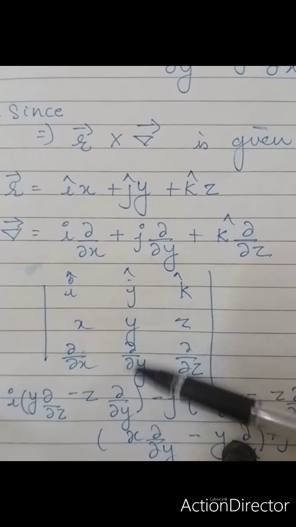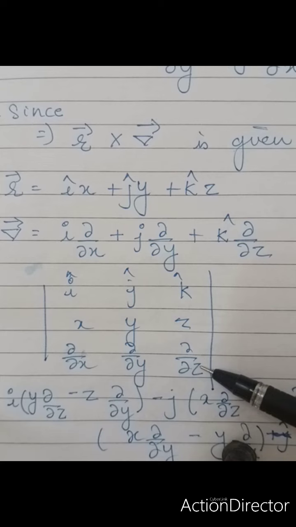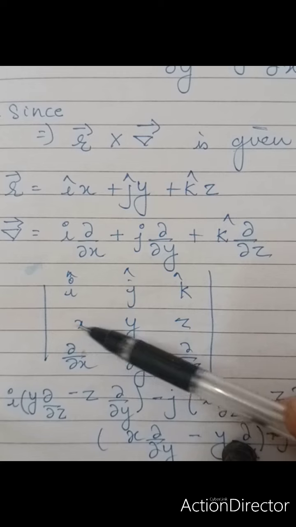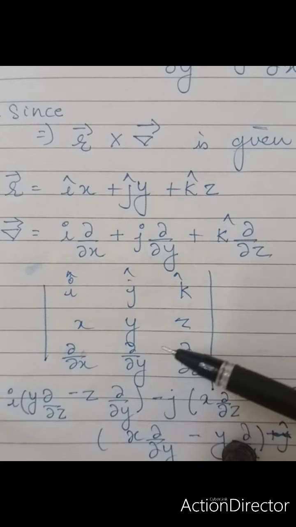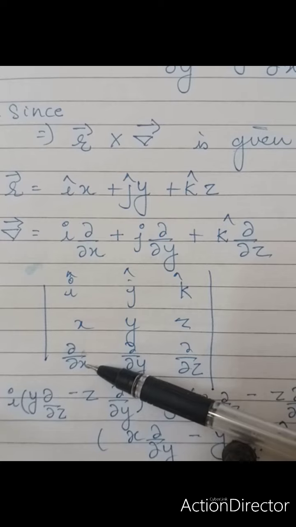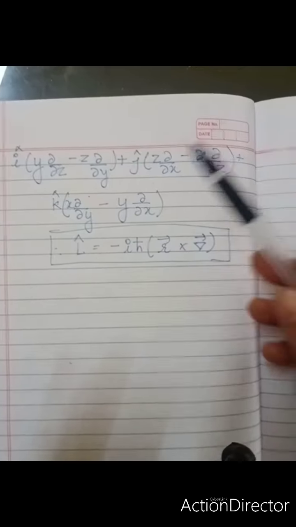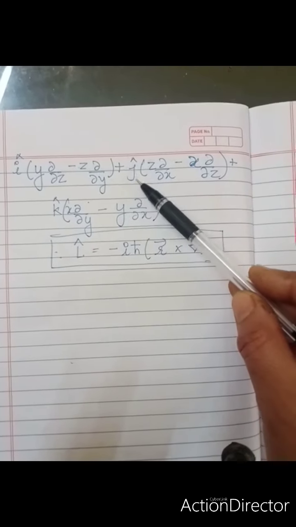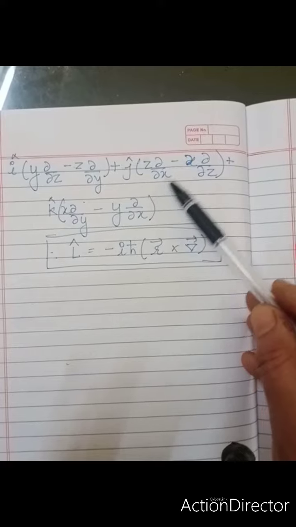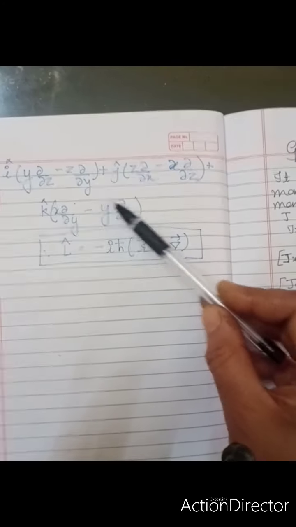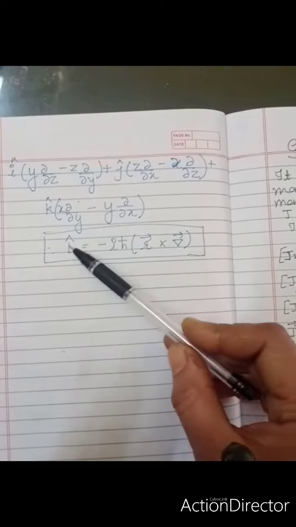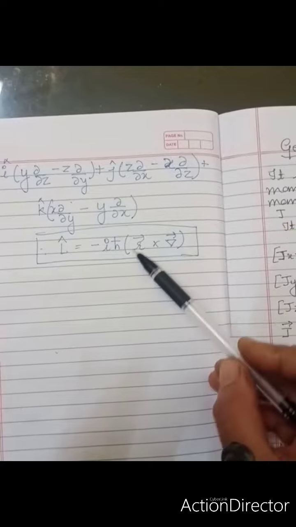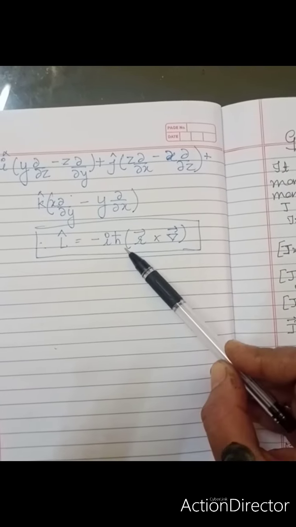When you take j, it will be x del by del z minus z del by del x. And when you take k, it will be x del by del y minus y del by del x. So this will be i (y del by del z minus z del by del y) plus j (z del by del x minus x del by del z) plus k (x del by del y minus y del by del x). So overall you can write L is equal to minus i h cut, and this was r cross del. So this will be the final equation.